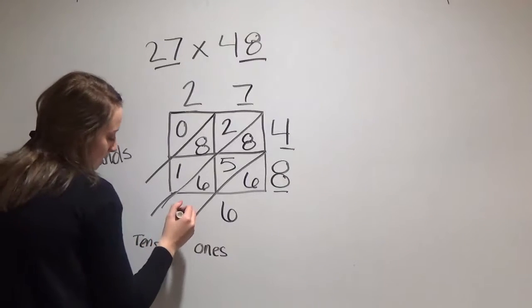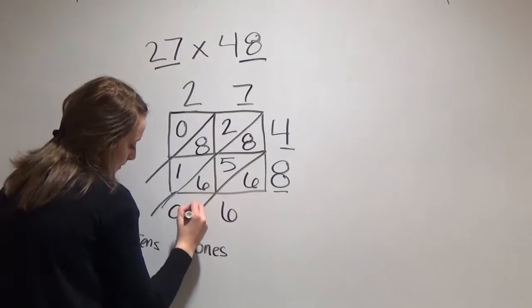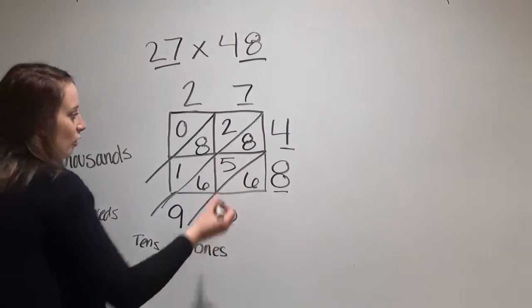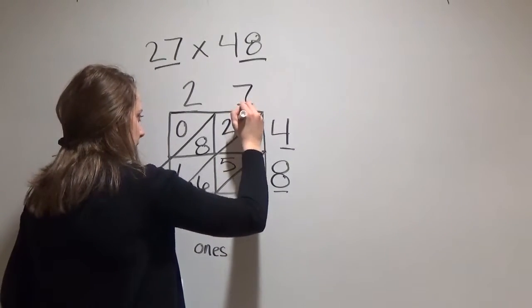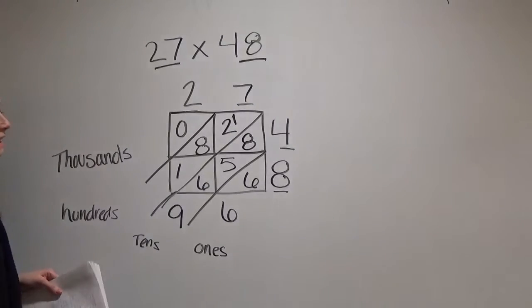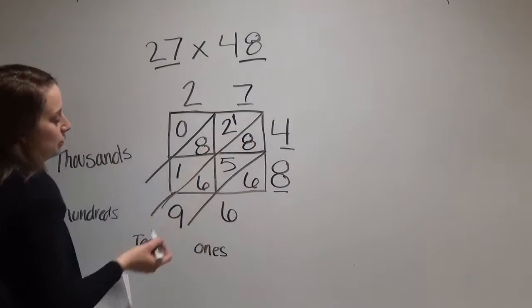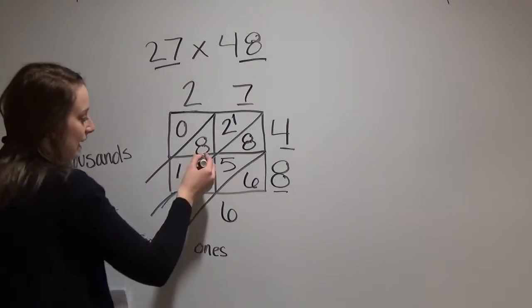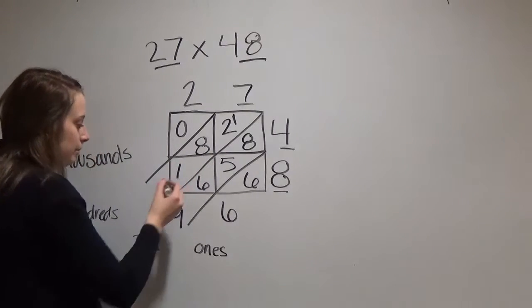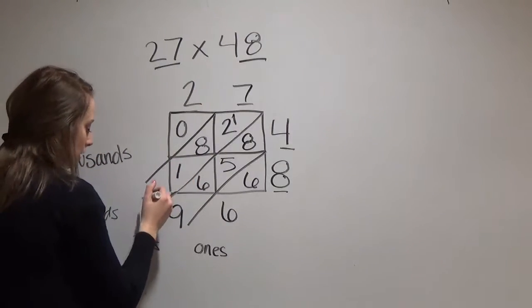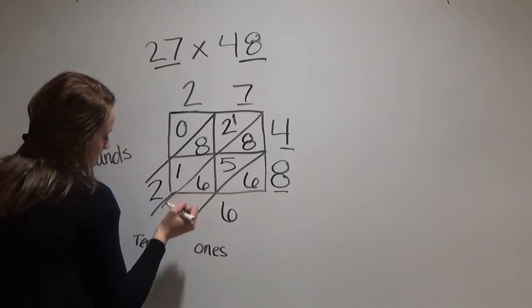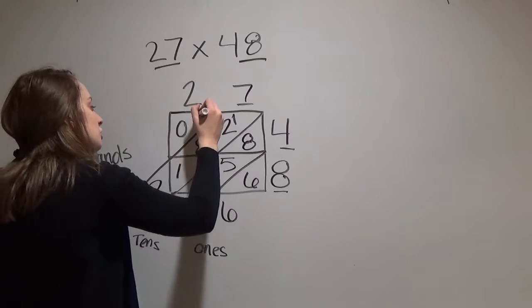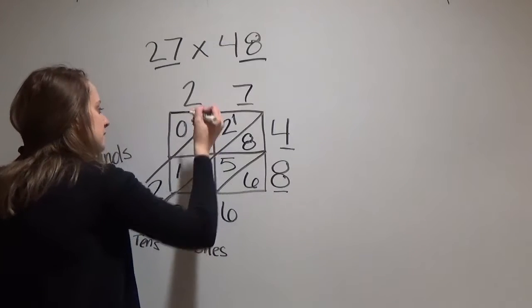Our 9 stays in the tens place, and our 1 goes to the hundreds place. We carry our 1. Now we have 1 plus 2, which is 3, plus 8, which is 11, plus 1, which is 12. Our 2 stays in our hundreds place, and our 1 moves to our thousands place.